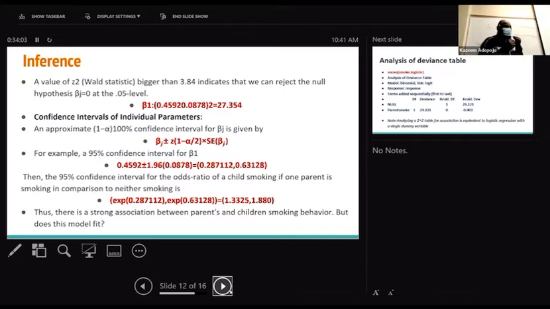Now, when you have a logistic regression, we do inference. We can ask: can we get a confidence interval of the log odds estimate?